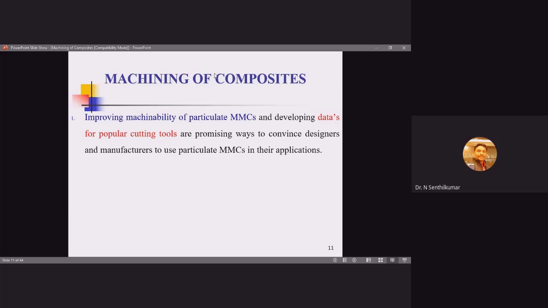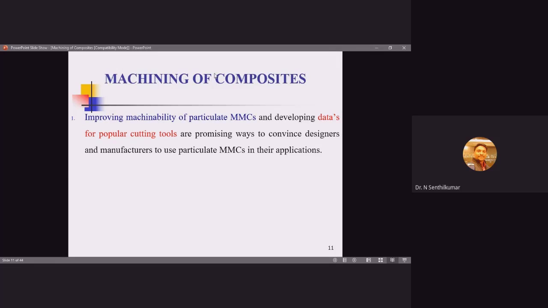So for this, the machining of composites is very useful. Why do we want a standard data? Because if I want to convince a designer to choose this particular material, they should know that this material is machinable. After fabricating, if the composite material is not machinable, then whatever effort has been put in is a waste.